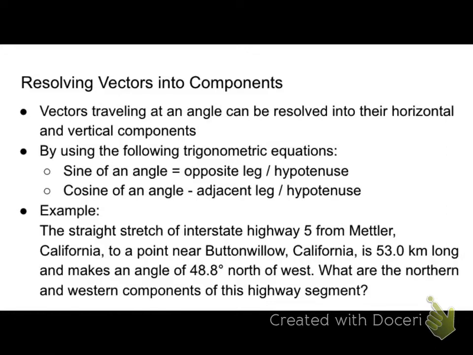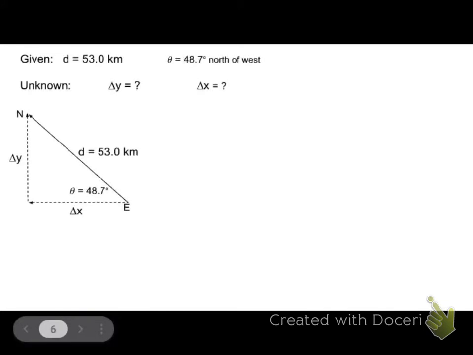So if we set up this problem, it would look like this, where we have the hypotenuse, okay, and we have that angle that they gave us, north of west. Then it's our job to use sine and cosine to solve for the x and y components.